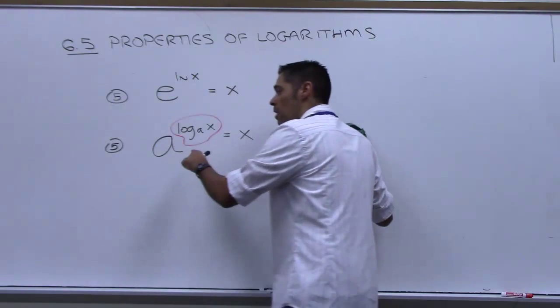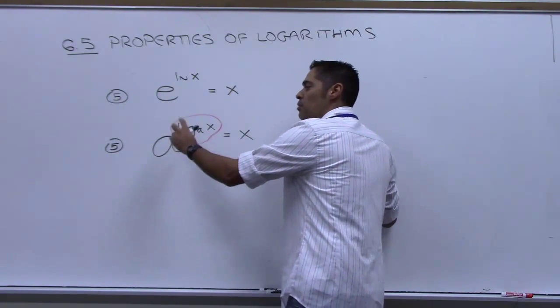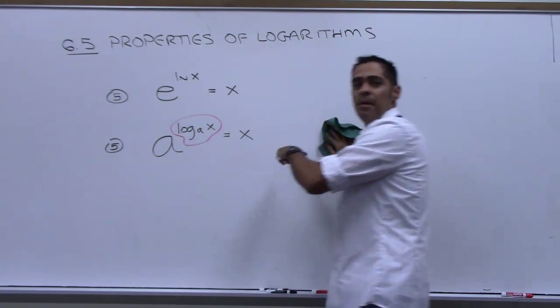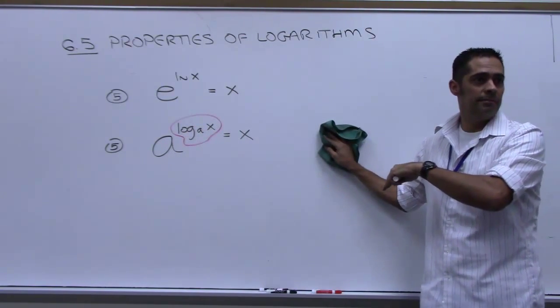Right, so this is a very important property also because anytime you raise a to its inverse function, it's going to spit out the x. All right?